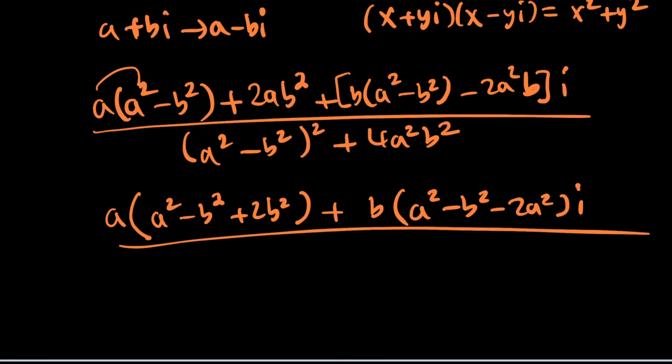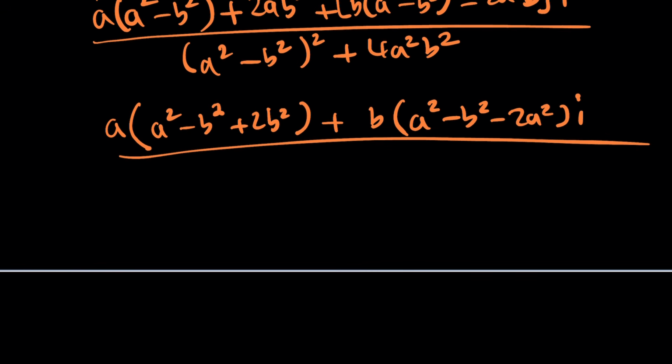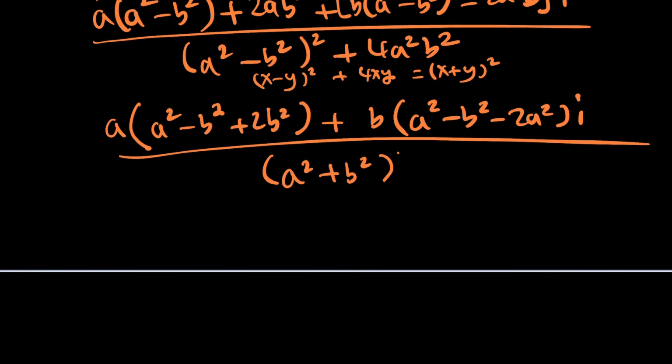Great. And then the whole thing is divided. Now, what happens here? If you know x minus y squared plus 4xy, if you know that identity, this is x plus y squared. Take a look at it and think about how that would work, but you can also expand it and prove it that way. But I'm just going to take a shortcut here. So in other words, in the denominator, we have a squared plus b squared, squared.